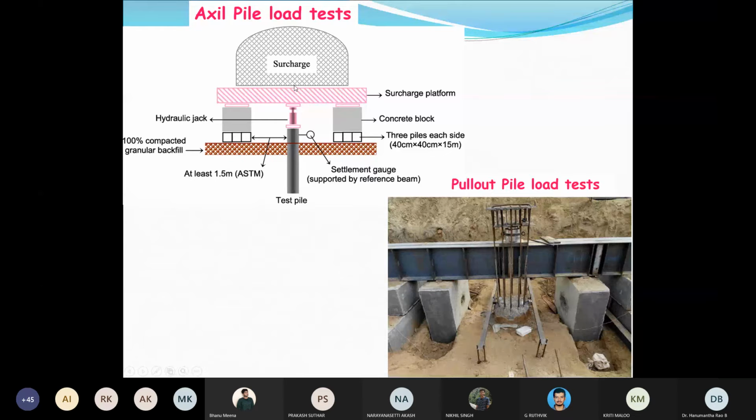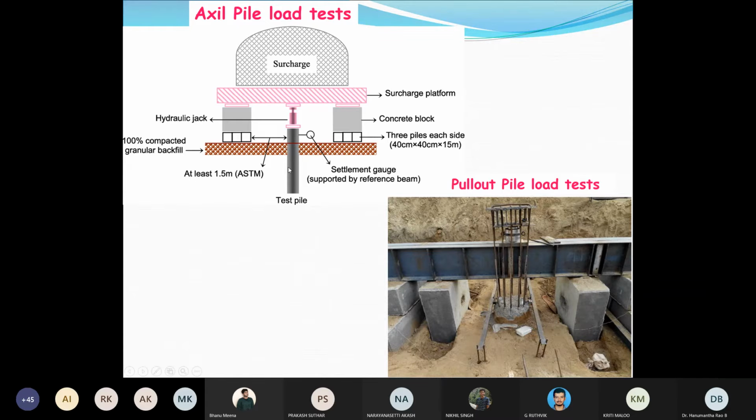On this surcharge platform, another huge amount of surcharge load is placed. For detailed understanding, the total weight of the surcharge load is almost twice that of the pile capacity. Suppose the pile capacity is 1000 tons, the surcharge could bear up to 2000 tons. That is the amount of the surcharge load.